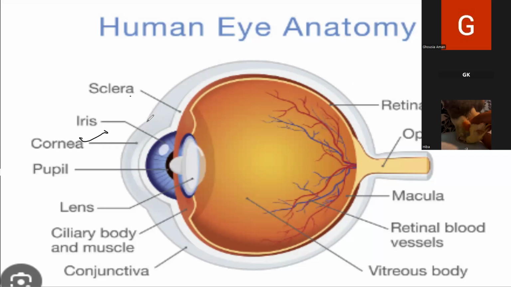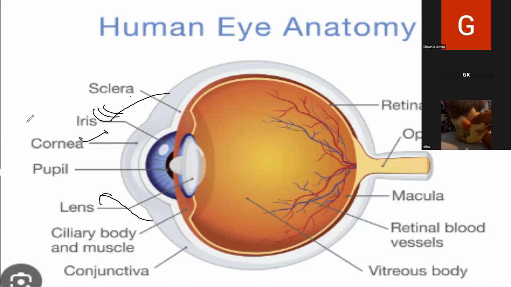Over the cornea, the conjunctiva is not visible. Over here it's not mentioned, but this is conjunctiva. This is our upper eyelid and eyelashes, and this is the lower eyelid and eyelashes.